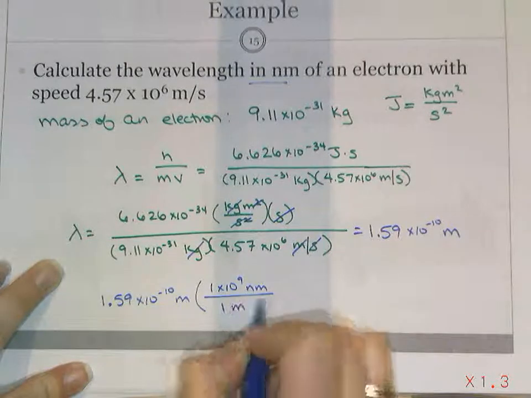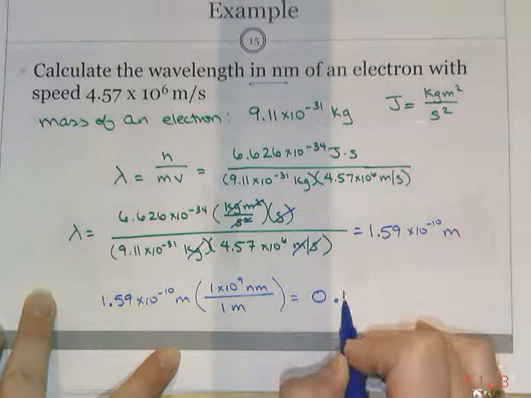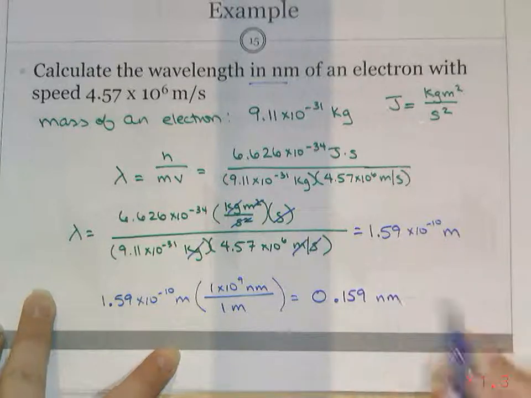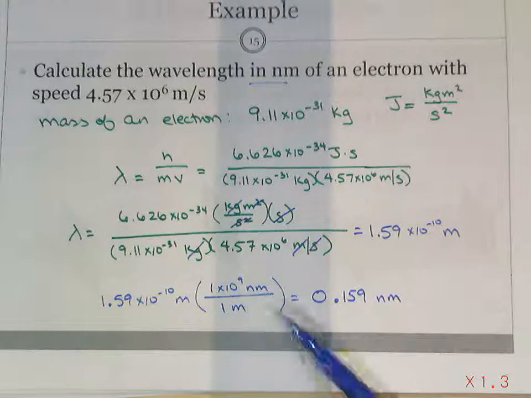So we take that, which makes sense. -10 times +9 will be -1 as your exponent, so that would scoot over 1 decimal point.